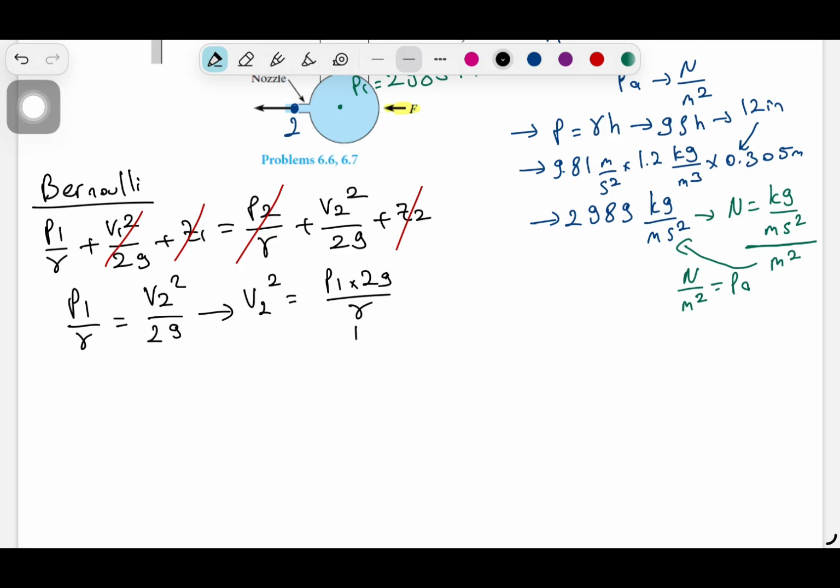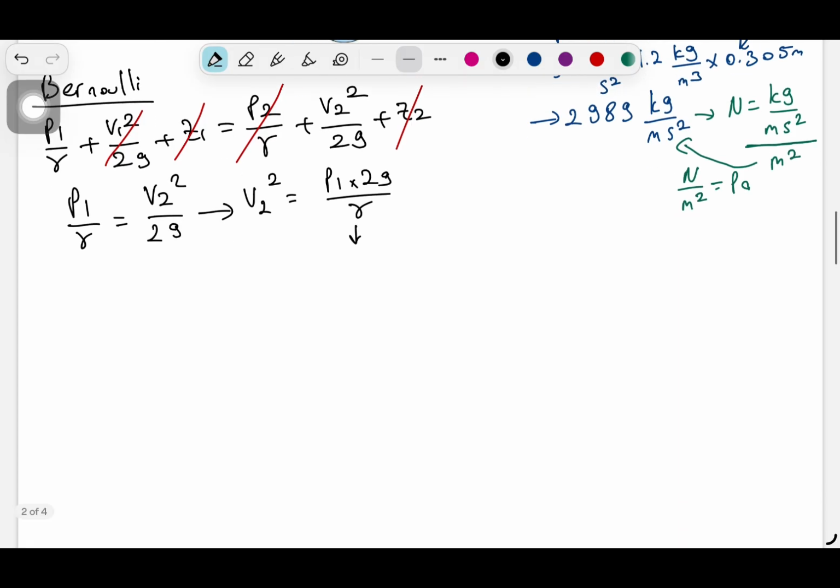We can simplify this more: because specific weight is equal to rho g, this will be P1 times 2 over rho.